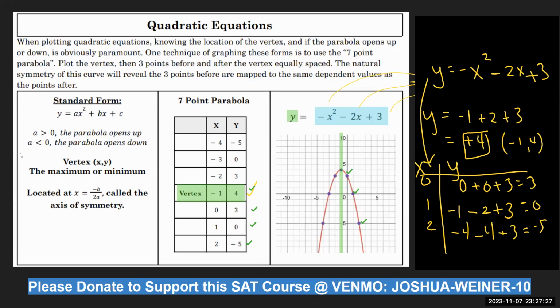I'm going to highlight them in blue so you can really see this. (0, 3), (1, 0), and (2, -5).